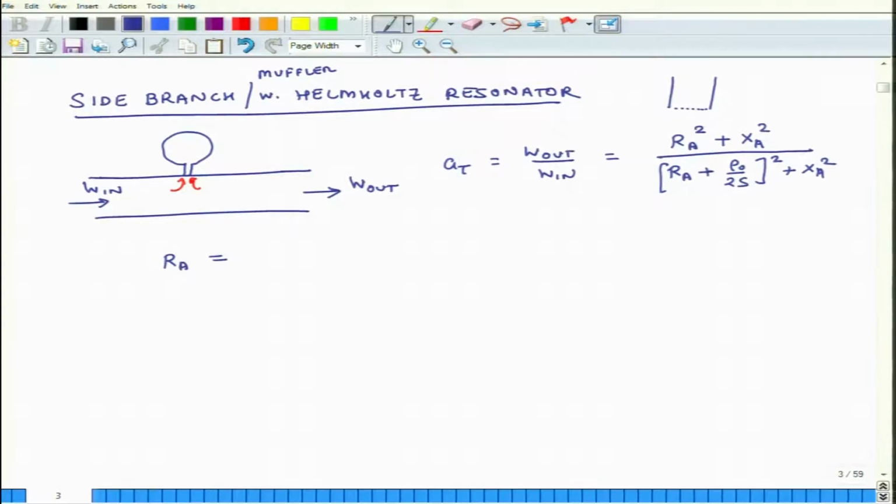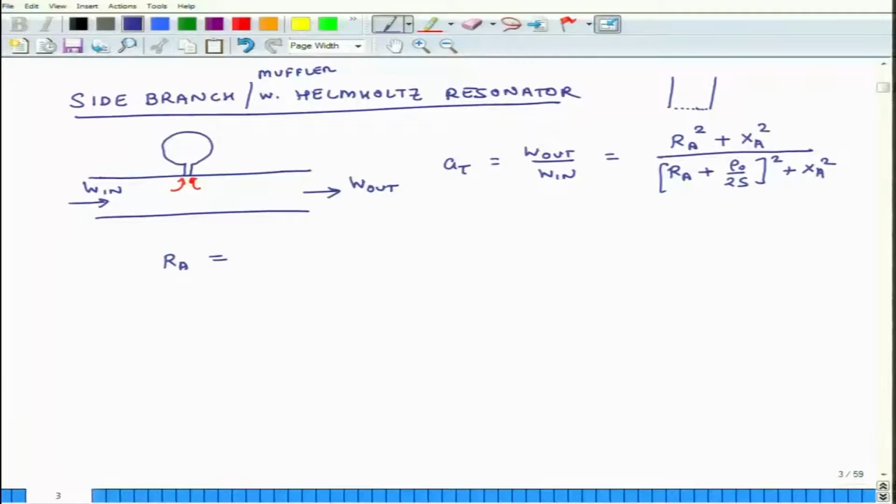As sound goes in, it has to pass through this crisscross pattern of wire mesh, and this acts as an acoustic resistor, because it obstructs the flow of sound into the pipe.